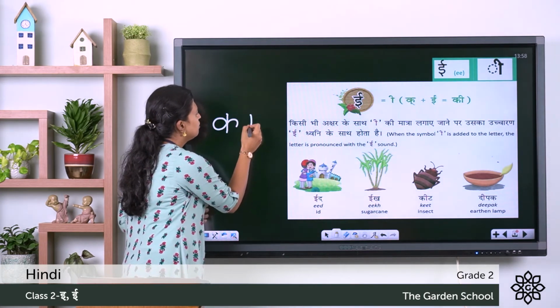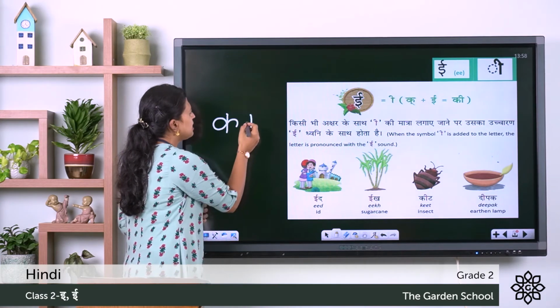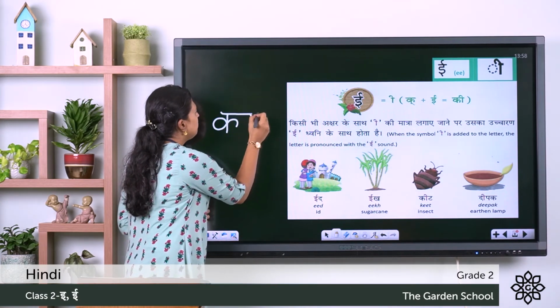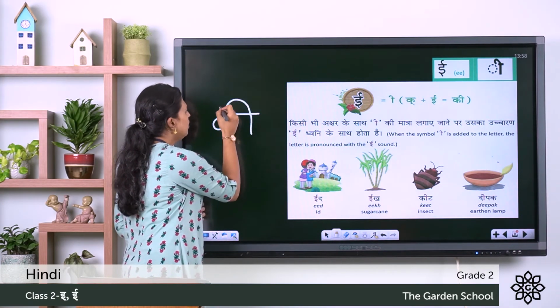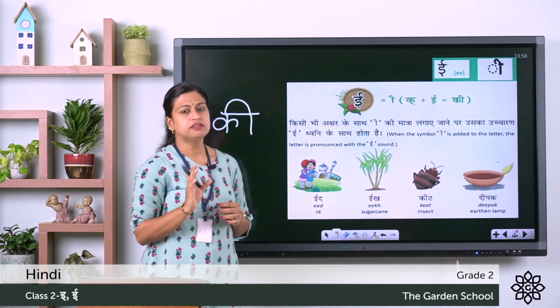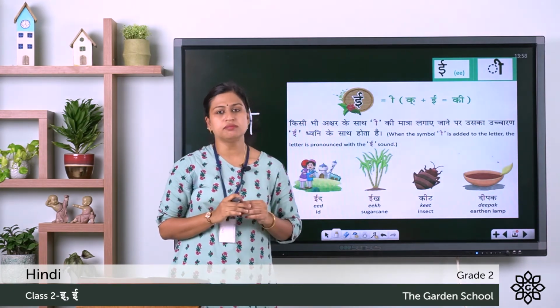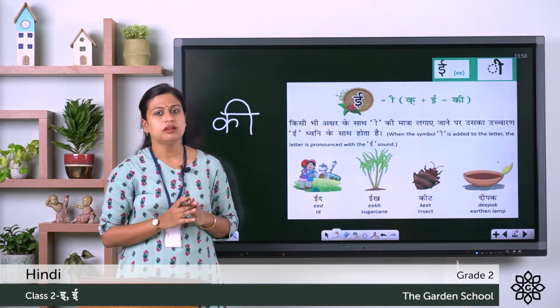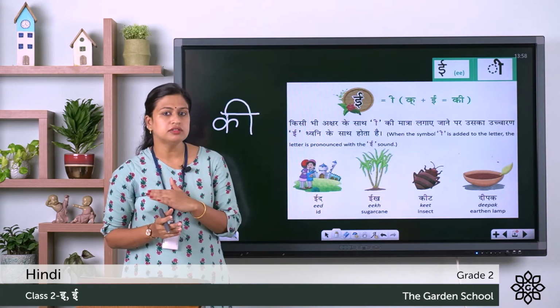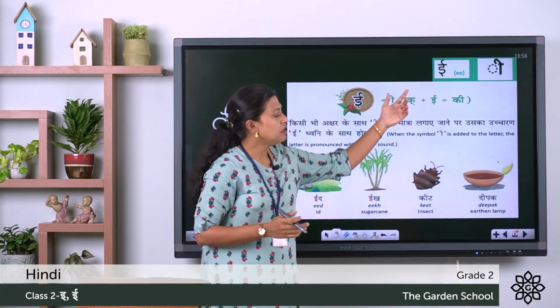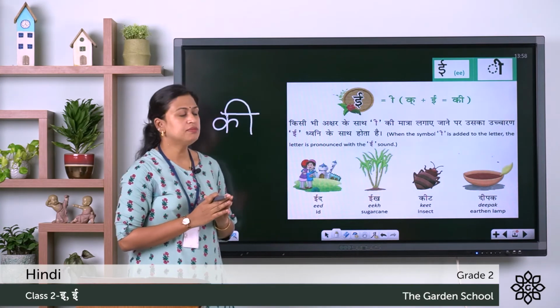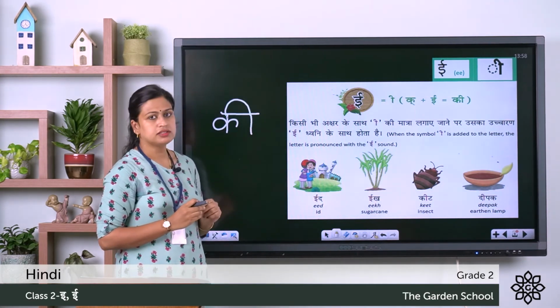For that, first we have to write the standing line, sleeping line, and on the top a roof. So there's a difference in these two symbols. The short one comes before the consonant, and the E with a longer sound comes after the consonant.